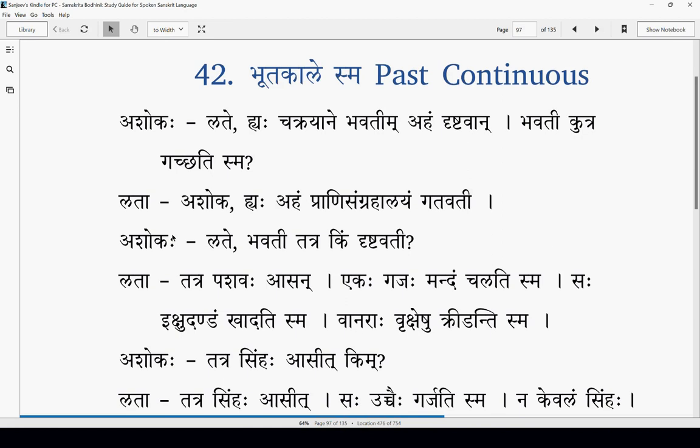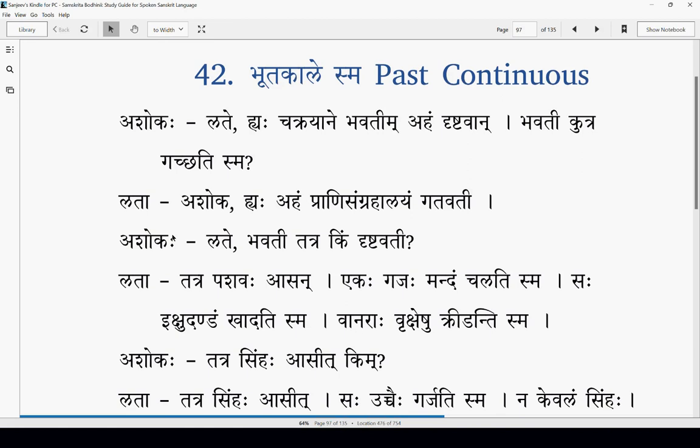Ashokah: Late, hyah chakrayane bhavatim aham drishtavan. Bhavati kutra gacchati sma. So here, as you notice, Late is sambodhanam, addressing, hey Lata. Hyah chakrayane bhavatim aham drishtavan.